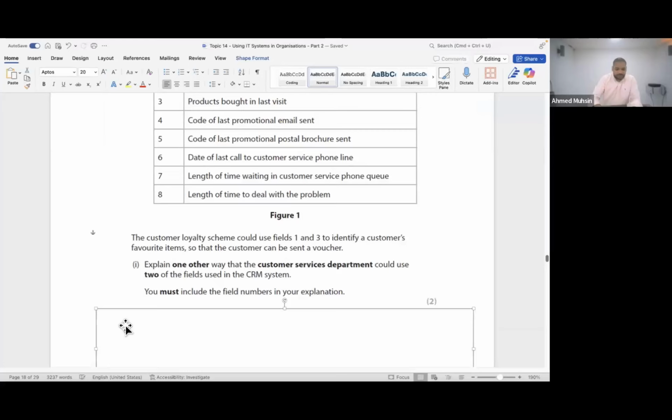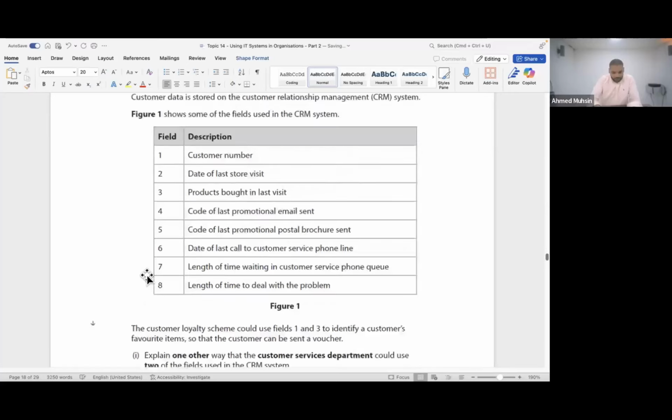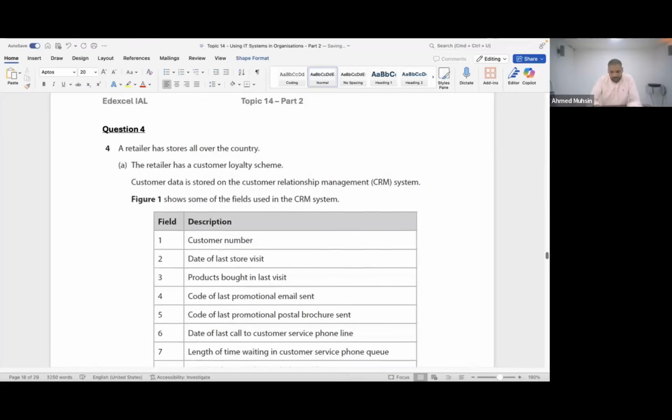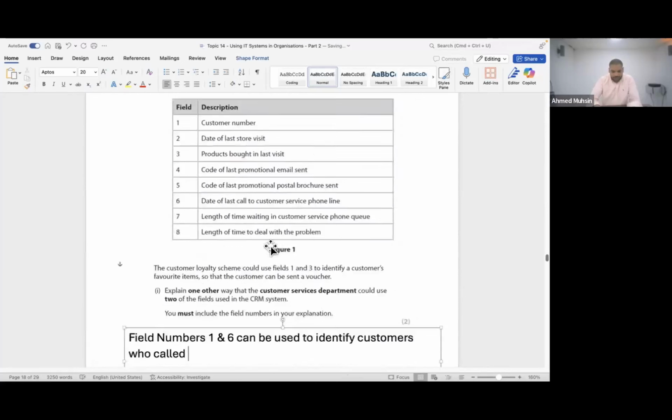Field numbers 1 and 6 can be used to identify customers who called, what was the organization name? Who called this retail stores hotline.